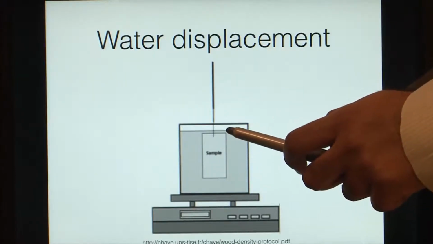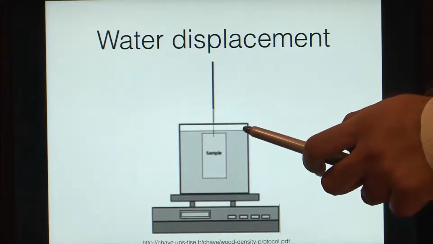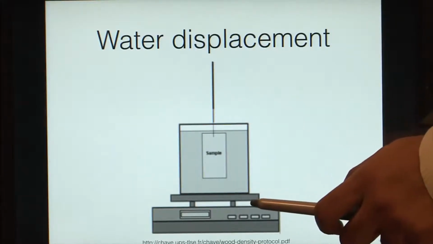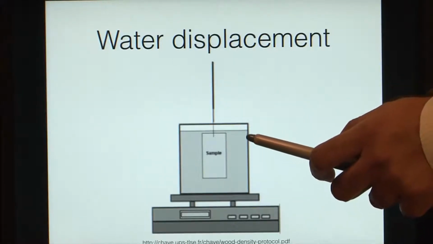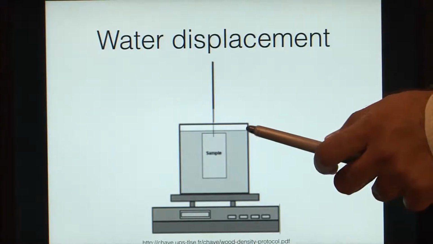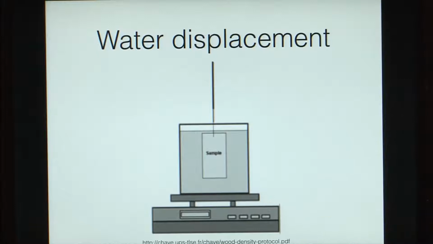Once this sample is completely inside the water, the level of water has risen, and from the point of view of the balance, it just considers that this much amount of water has been added to the beaker. So, in this case we can get the next value of mass.